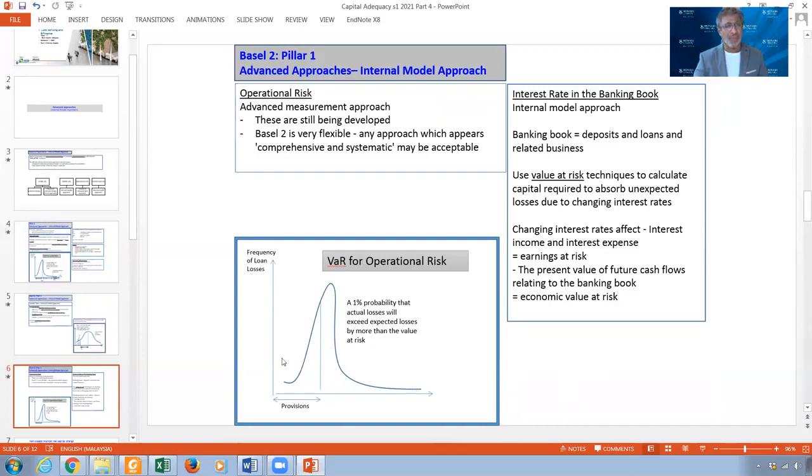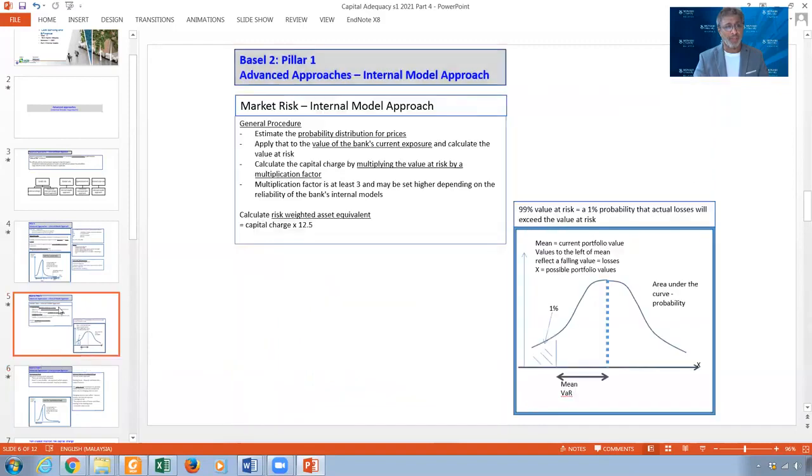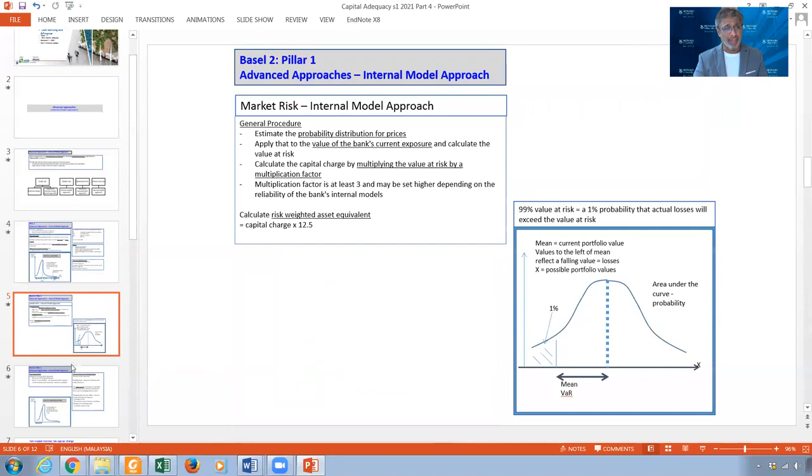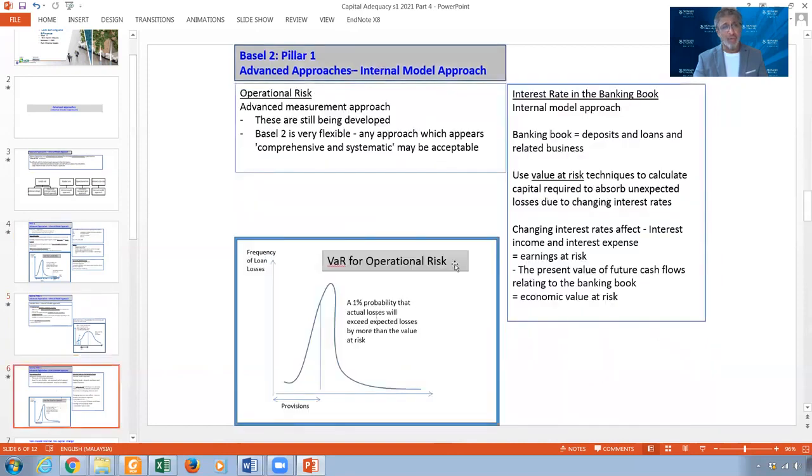So whether you are talking about operational risk, credit risk or market risk, all of those are actually calculating the value at risk, and the value at risk is actually the capital charge. You multiply it by 9.52, and then you get the risk-weighted assets.